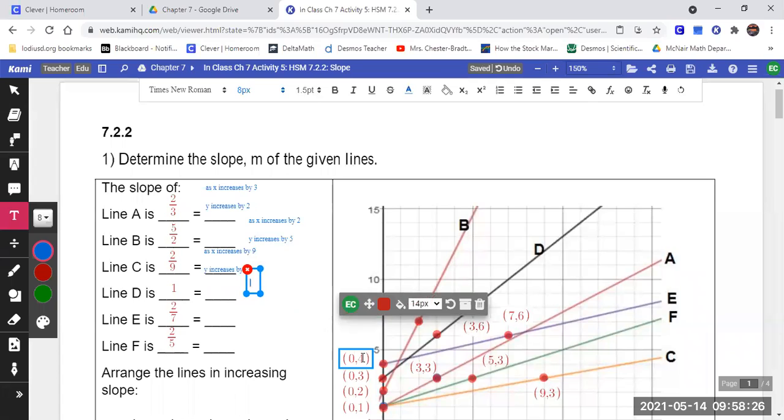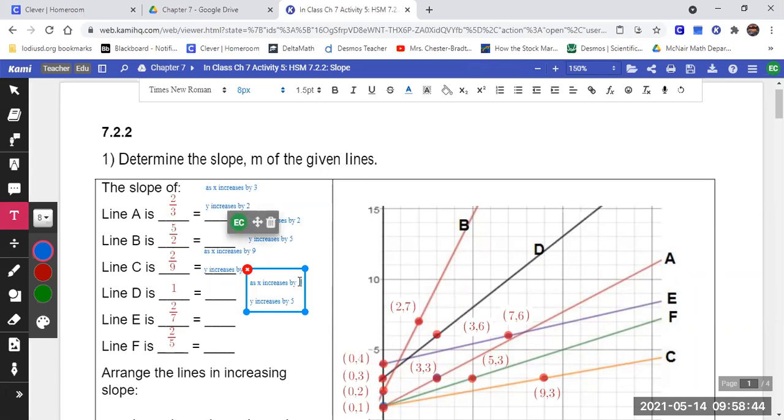We're going to stop and think what this is telling me. If I see the number 1, that means the changes were the same, right? Because to create the number 1, it was 2 of the same number. So this one says as x increases by 1, y increases by 1.